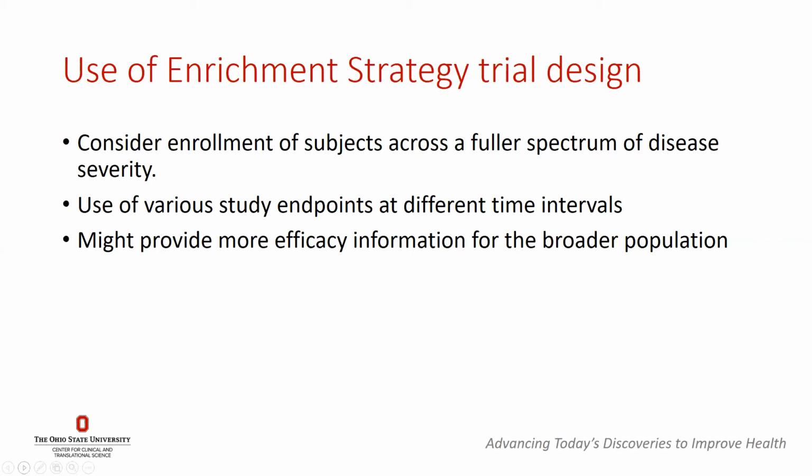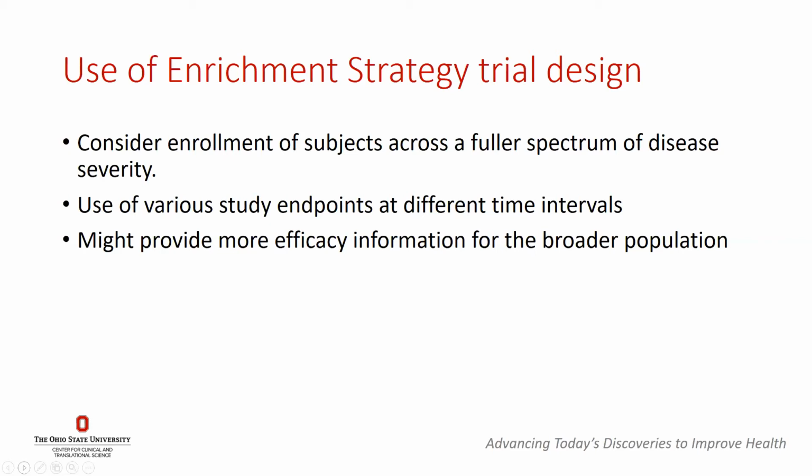They have to have at least a functioning of, let's say, an ejection fraction of a certain amount, so that you didn't get the ones that were probably going to have issues. But to go ahead and include those so that you have a better understanding of how this drug would work across the spectrum of diseases, not just this very minor population that has very limited disease.